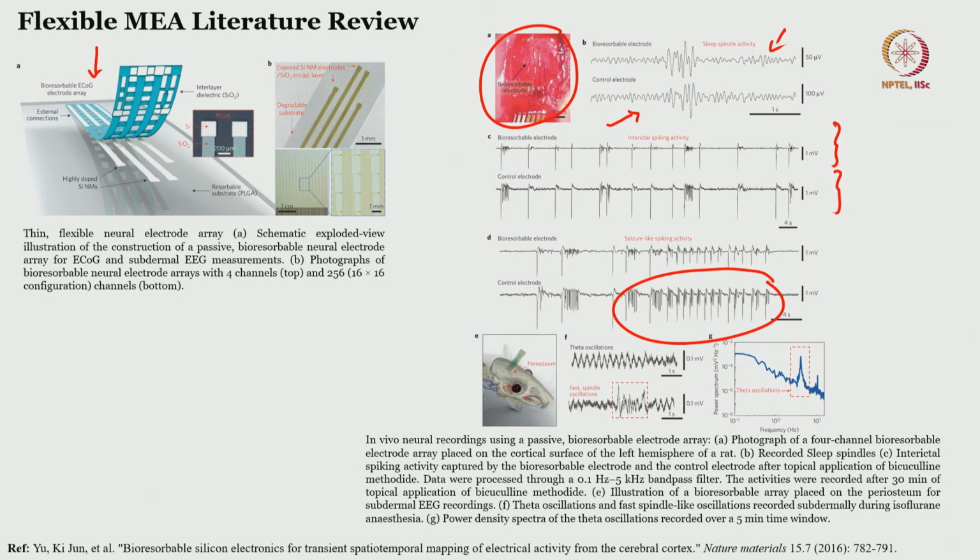So, the whole idea is to show that bioresorbable devices can be designed, fabricated and used for acquiring neural signals, including activities like seizure activities, which are in the form of spikes.